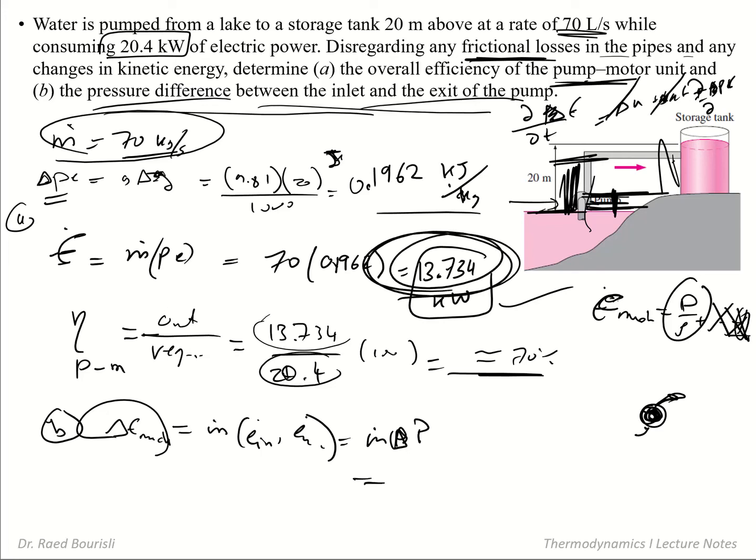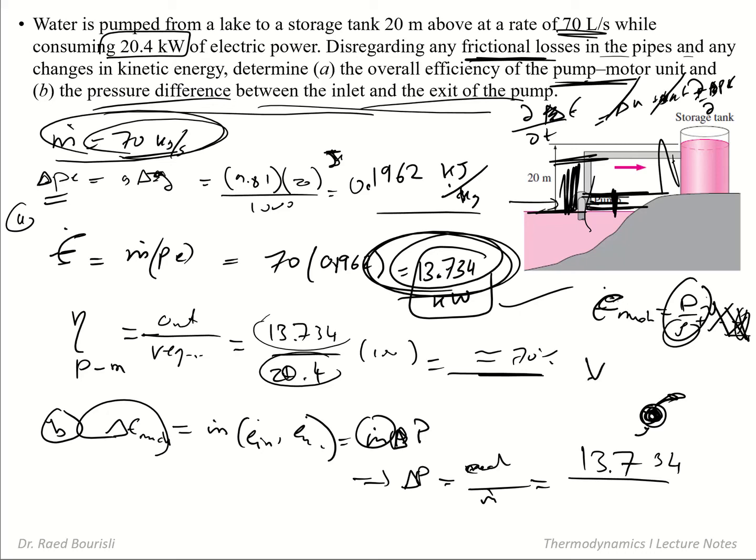So delta P, the pressure difference, is this mechanical energy divided by m dot: 13.734 divided by m dot. I don't want liters per second. This is rho times V dot. So V dot is 1000 kilograms per cubic meter, so this is 0.070 cubic meters per second.